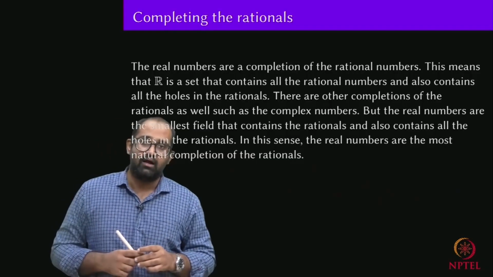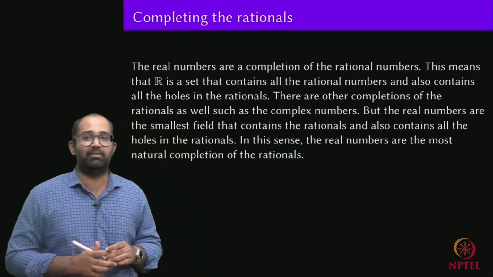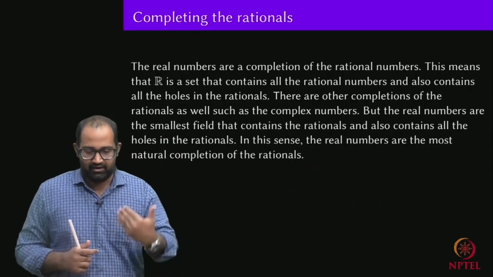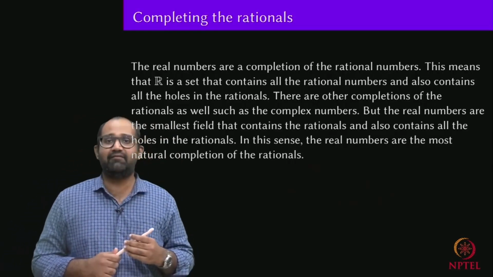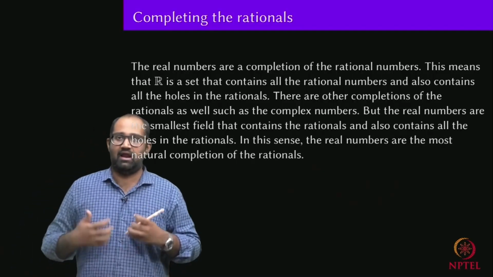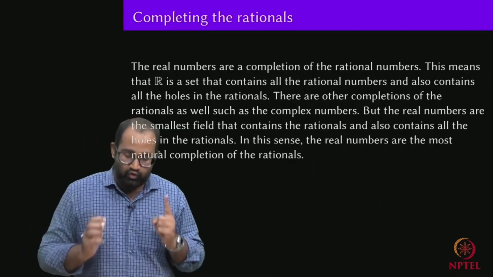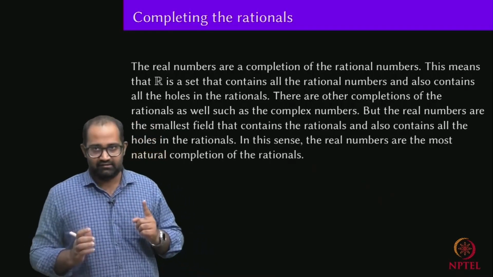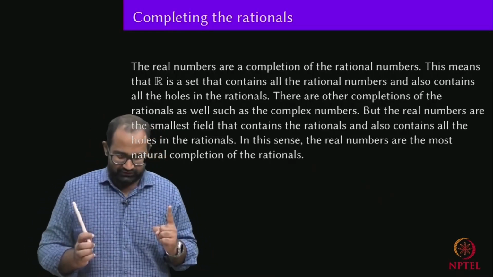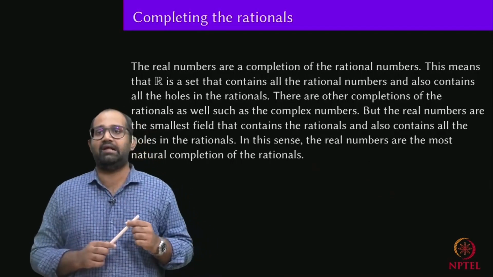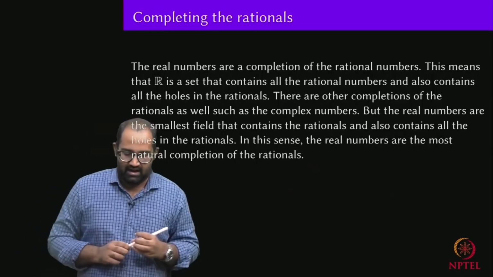Now, R is not the only possible completion of the rationals, in the sense that there are various notions of completeness. In one of the notions, the complex numbers can also be treated as a completion of the rationals.